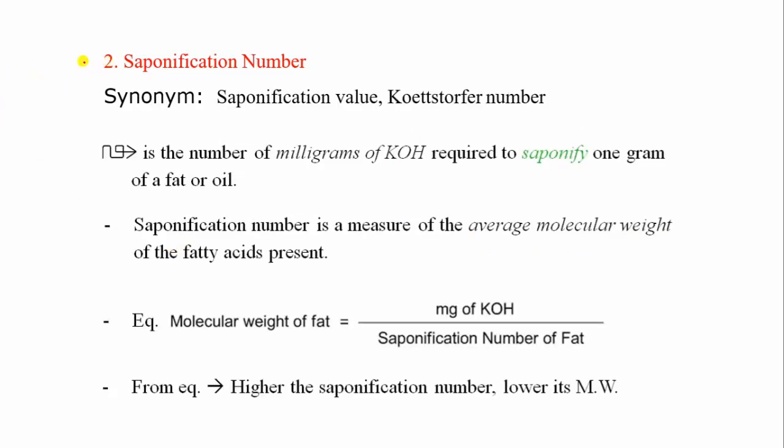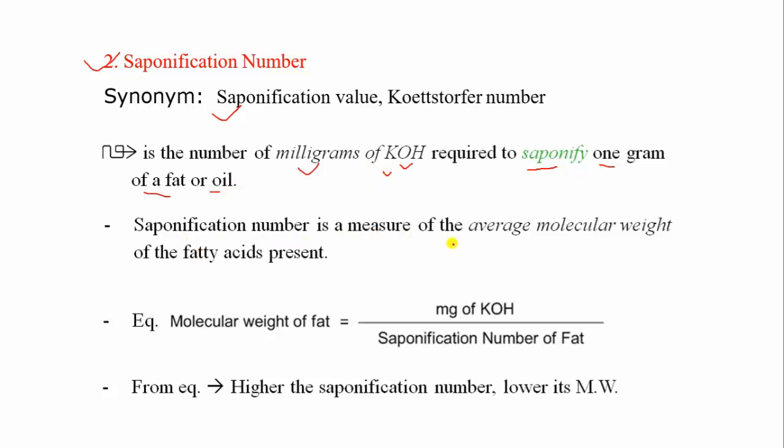Now, second is the saponification number. It is also known as saponification value. It is also known as Koettstorfer number. It is the number of milligrams of KOH required to saponify 1 gram of fat or oil. You know already what saponification is: the making of soap by a base.